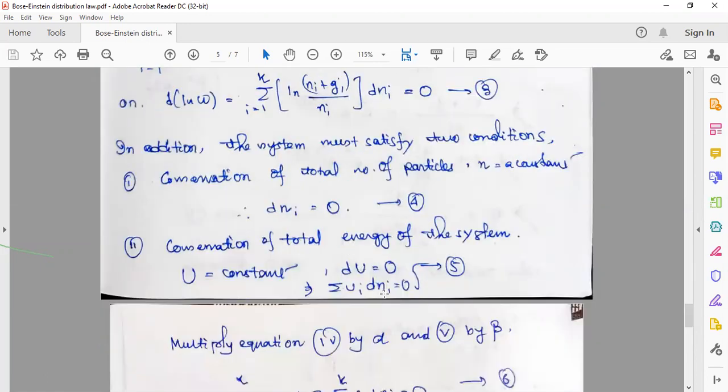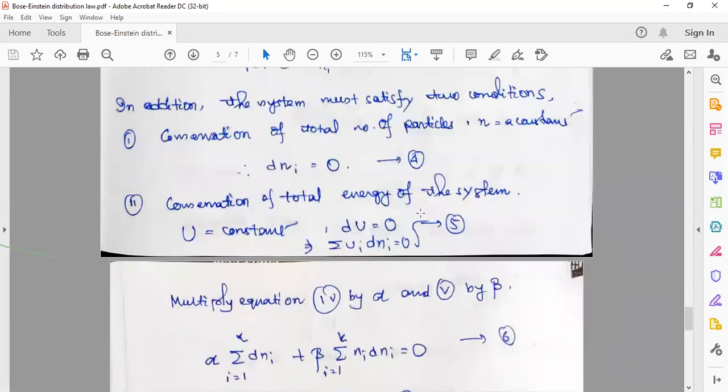Suppose n1 number of particles have u1 energy, and n2 number of particles have u2 energy. So for all the particles, how can we write it? Summation over ui dni equal to 0.